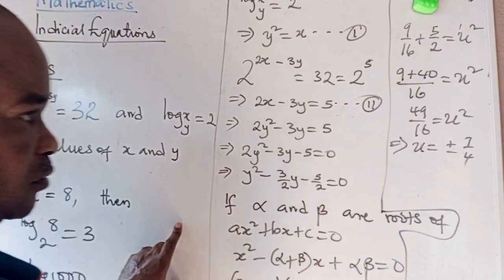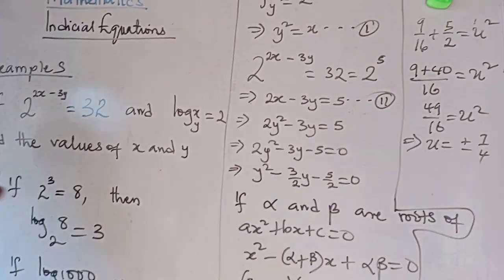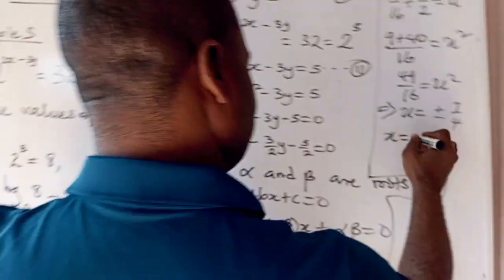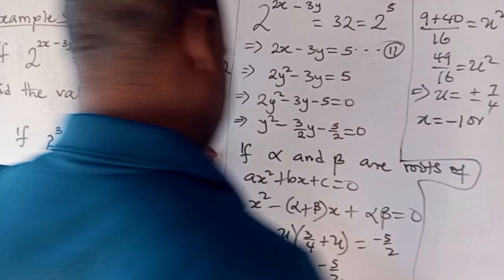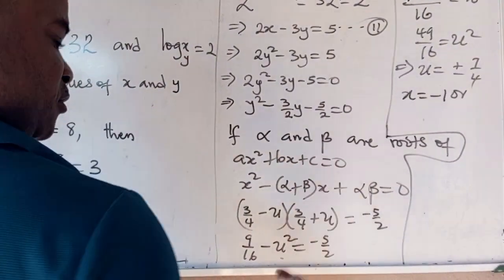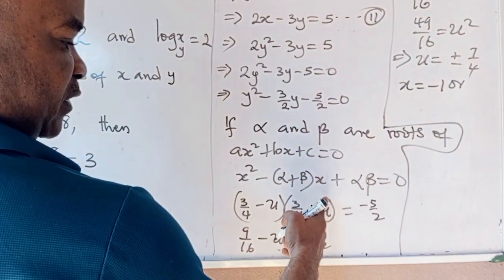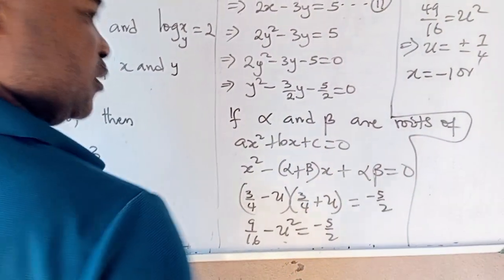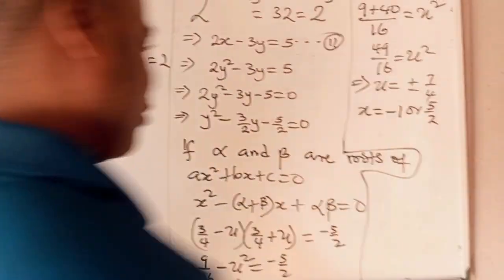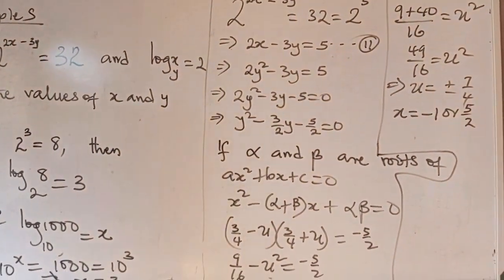Negative 4 over 4 will give us negative 1. So we say that x is equal to negative 1. Or now if we put 7 over 4 here, we'll have 3 plus 7, that's 10 over 4. So that will give you 5 over 2, because 10 over 4 is the same as 5 over 2 or 2.5.